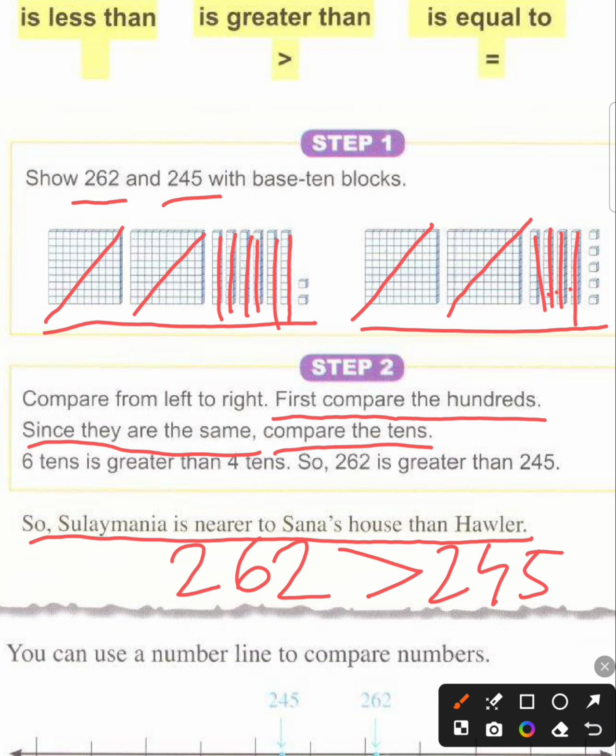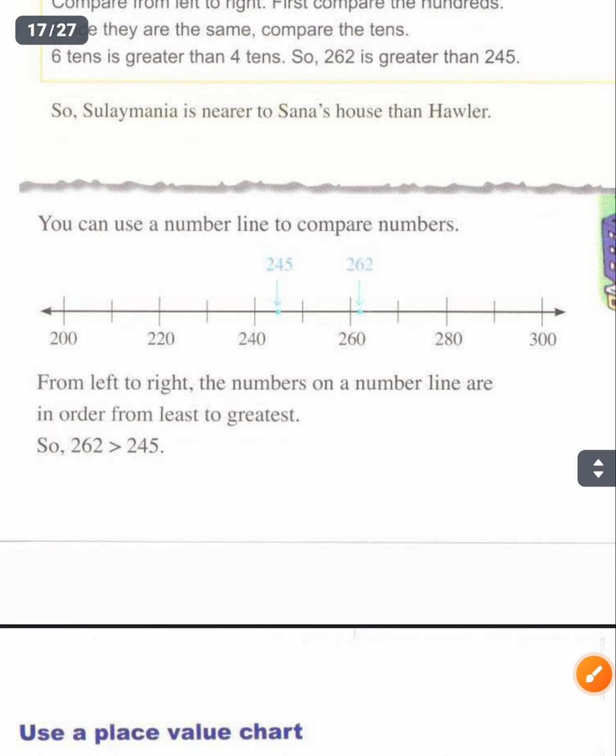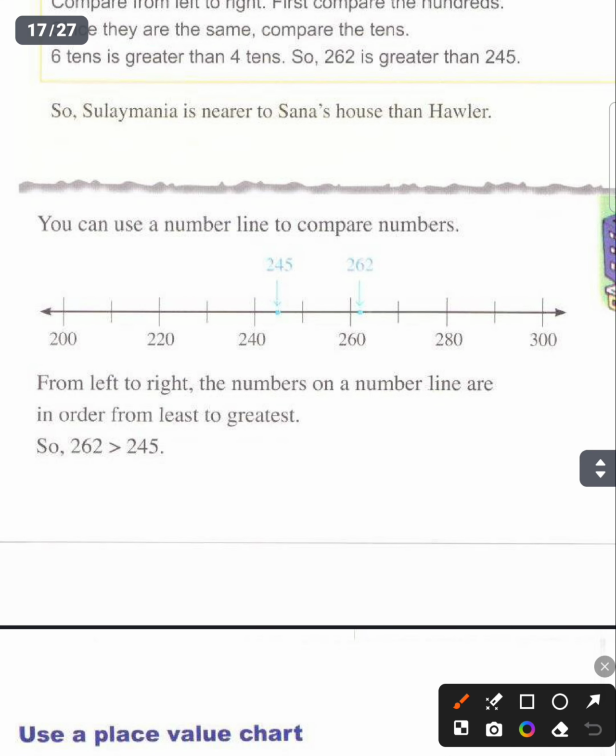Another method to compare two numbers is to use a number line, okay? We have here 245 kilometers and here is 262 kilometers. We start from left to right. You see, first is this and after is this.